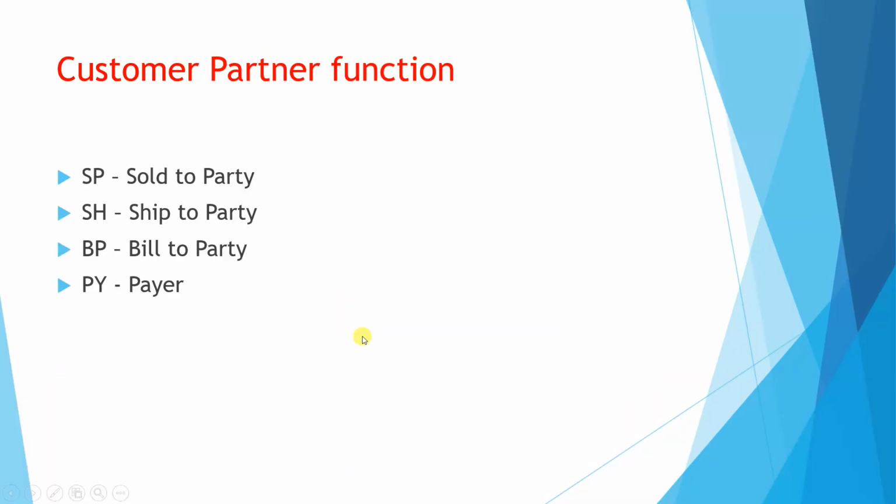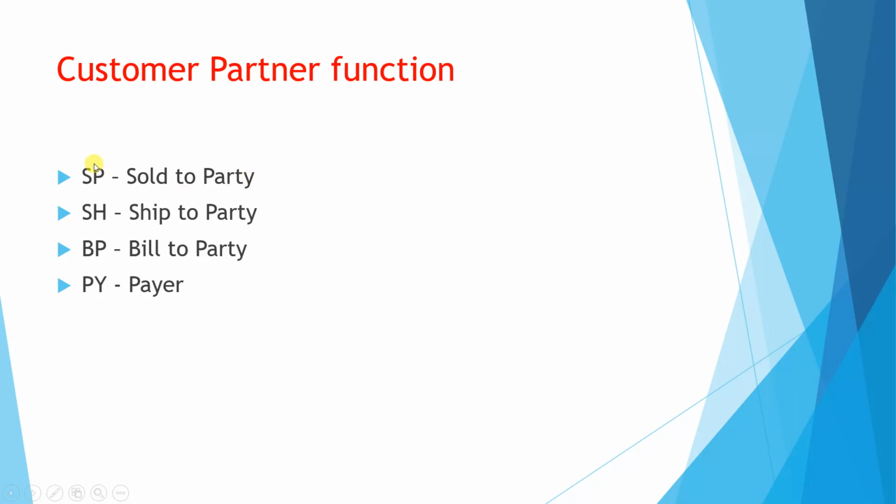So in customer partner functions, we have 4 partner functions. SP is sold to party, SH is ship to party, BP is bill to party, and PY is payer. So who is the sold to party? The main customer who is buying the goods from the company is called the sold to party.